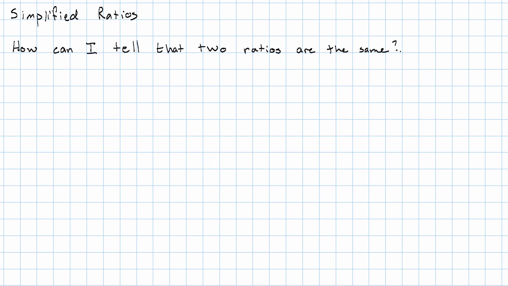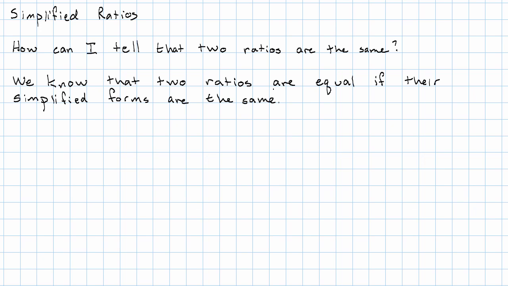Now, because ratios are essentially fraction-like, this is pretty much the same question as, how can I tell that two fractions are the same? And the answer to this question for ratios is the same as it is for fractions. We know that two ratios are equal if their simplified forms are the same.